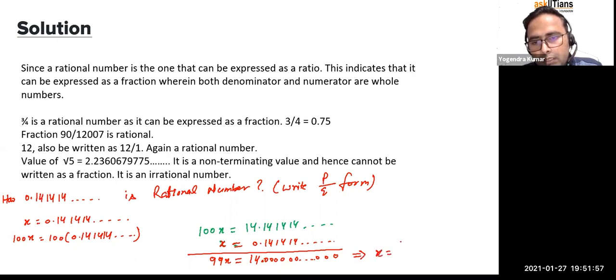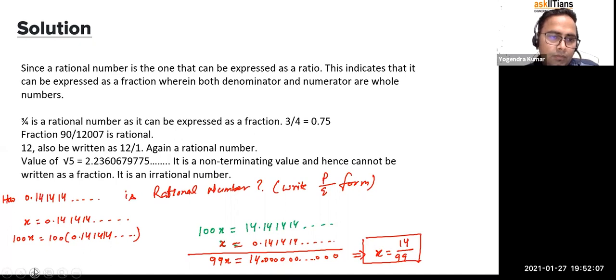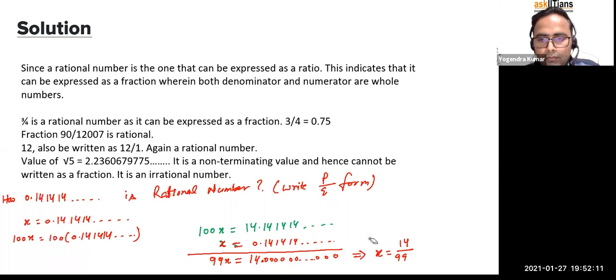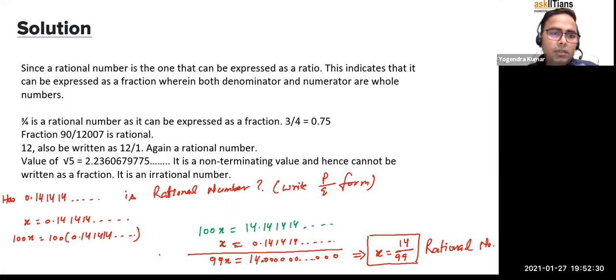We get x is nothing but 14 divided by 99. This is our P by Q form. So now can we say confidently that it is a rational number? A rational number it is.